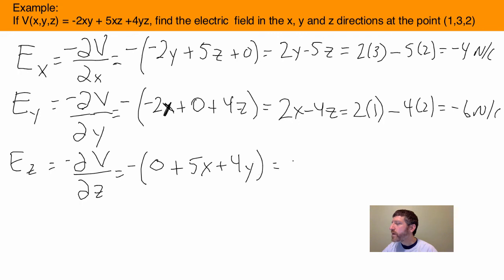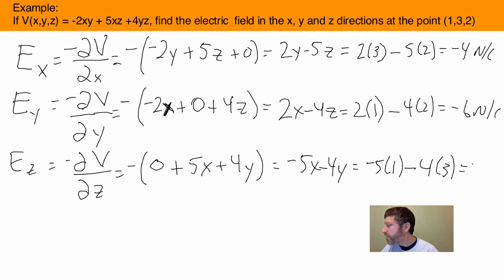So that gives us negative 5x minus 4y. And finally, plugging in the values 1, 3, and 2, we get negative 5 times 1 minus 4 times 3. And that gives us negative 5 minus 12, which is negative 17 newtons per coulomb. And that is our field in all 3 directions.